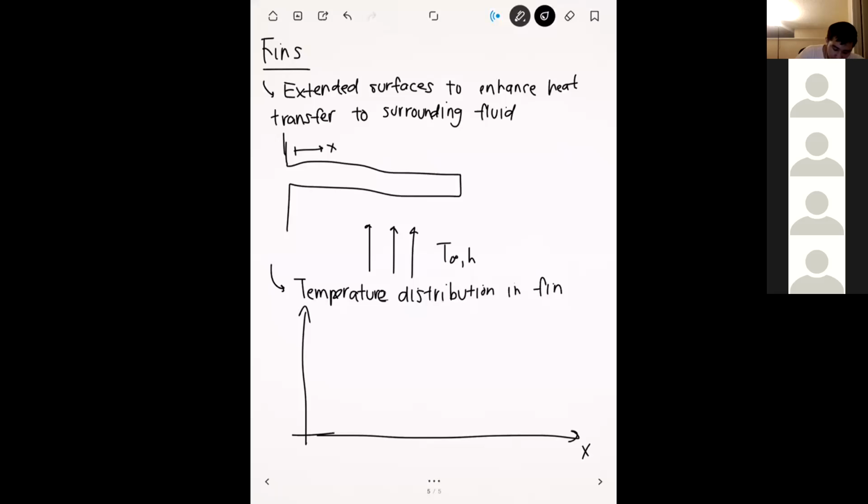On the y-axis we have our parameter theta, which we defined to be what's called the excess temperature. What that basically means is that theta is the amount of temperature that's above the fluid, or how much hotter the fin is compared to the fluid.